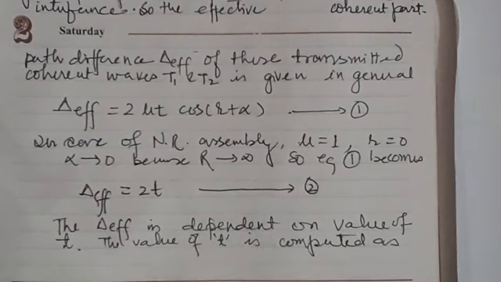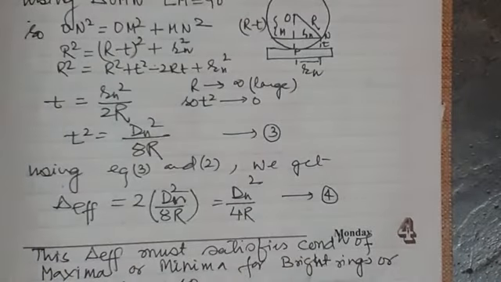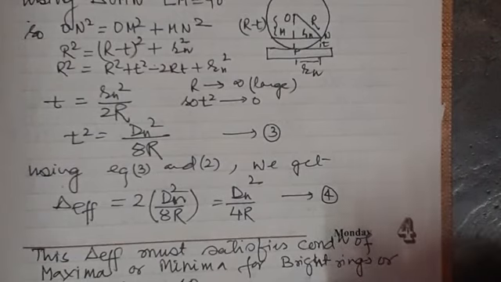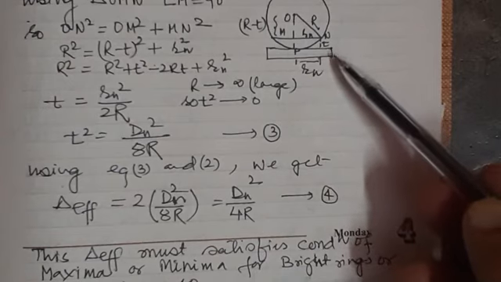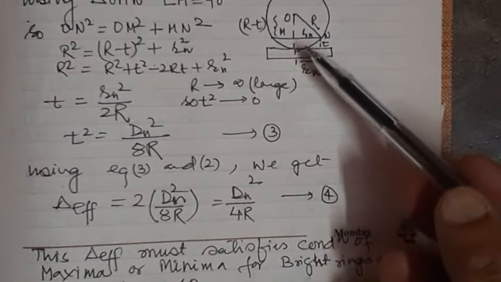The delta effective is dependent on the value of t, and the value of t can be computed using the plano-convex lens which is resting on the glass plate in the Newton ring assembly.